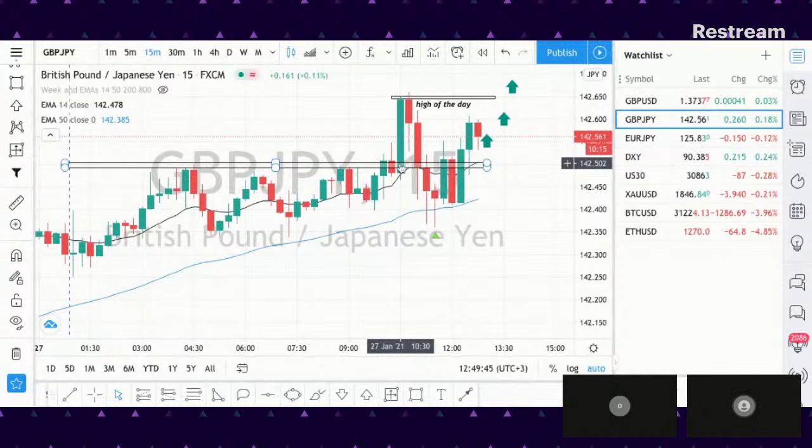Now, in this trade, this is GBP and this is GBP USD. In this case, GBP is the base currency, and then USD is the quote currency.